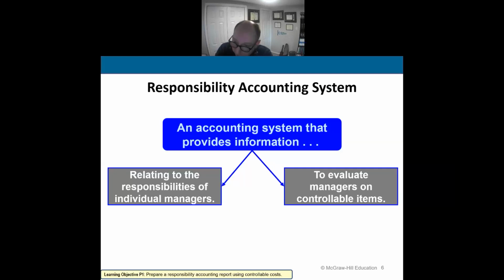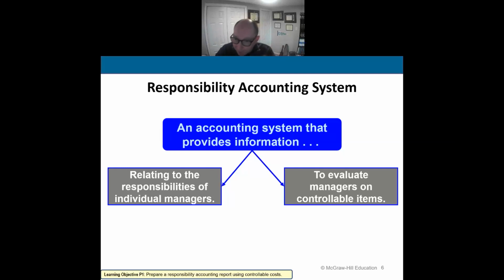So we talked about the costs. We talked about cost centers, profit centers, investment centers. We talked about controllable costs and uncontrollable costs. Now we need to talk about how do we account for all that stuff? How do we account for it? Well, we use an accounting system, of course.